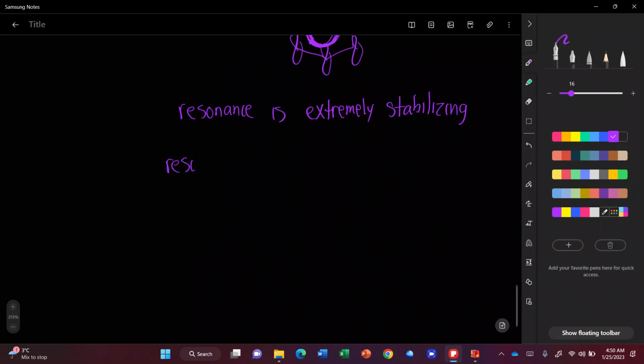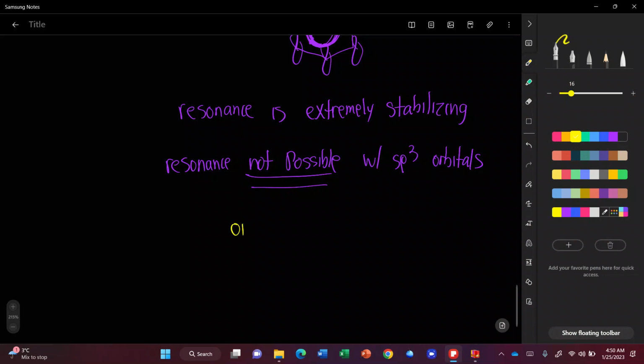So resonance is not possible with sp3 orbitals, which means anything that is sp3 hybridized can't resonate, because if you're sp3 hybridized, you only have sp3 orbitals, there are no p orbitals left over. So resonance is only possible with p orbitals, okay? All right.